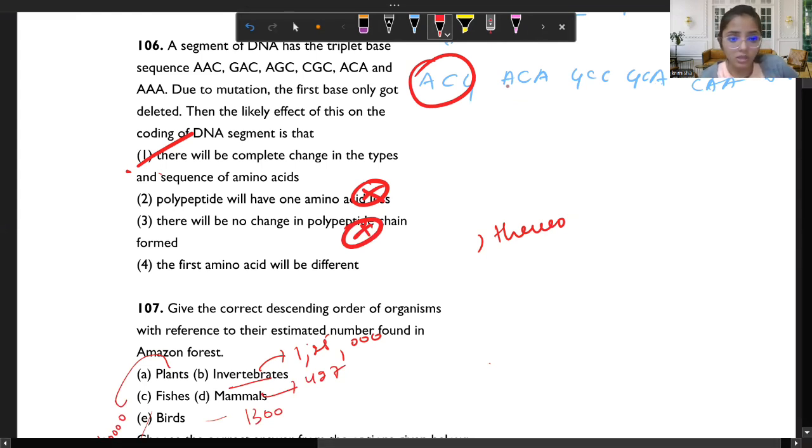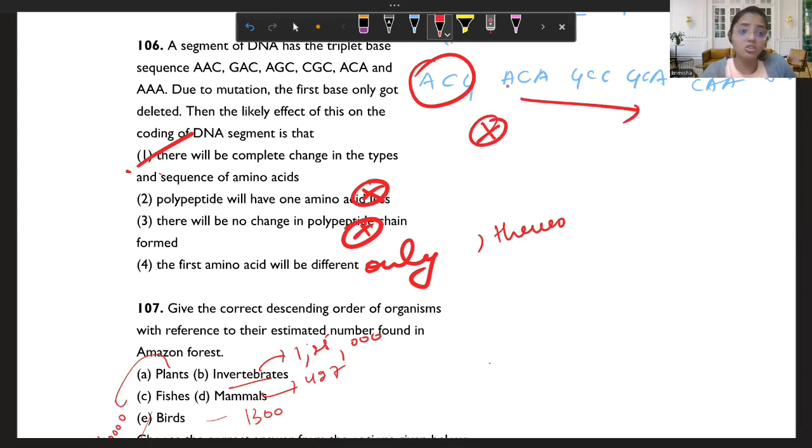Only the first amino acid will be different? No, that is also not true. All the amino acids in the complete chain of protein will be different if the first base pair is deleted. So this is also a wrong statement. So the answer to question 106 is the first option.